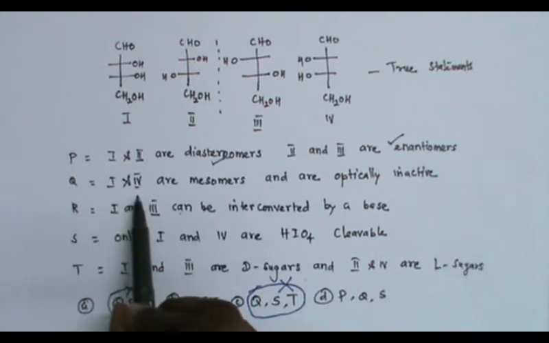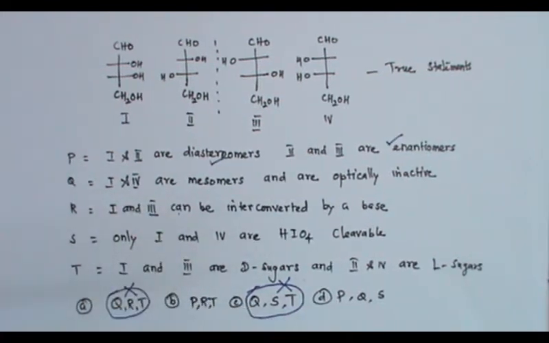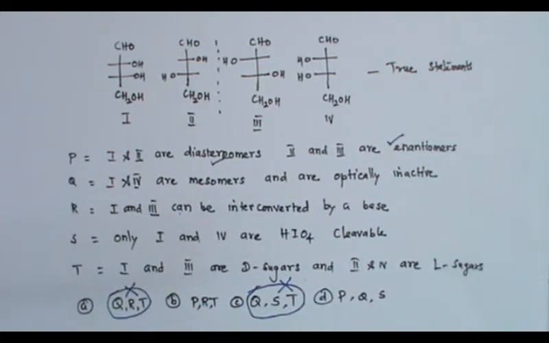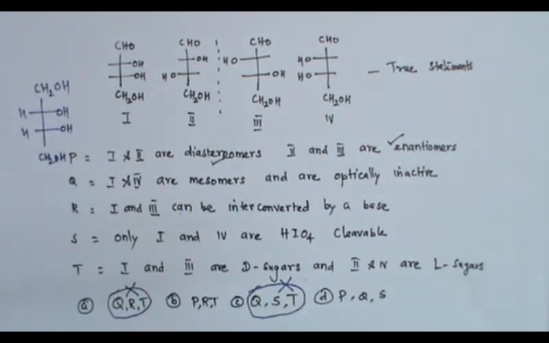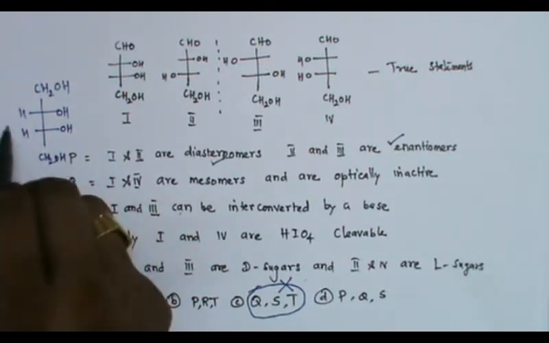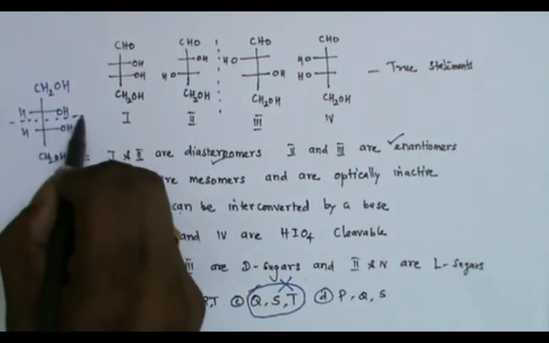First and fourth compounds are mesomers. Are they mesomers? And are optically inactive? When you go for mesomers, they will have plane of symmetry. Let us take this molecule. Instead of this molecule, if they had given this molecule, then it has plane of symmetry.